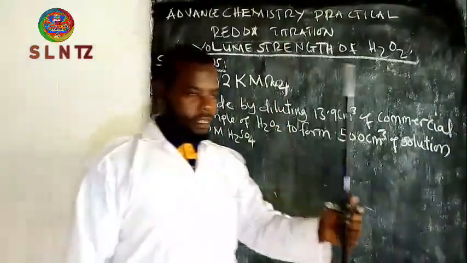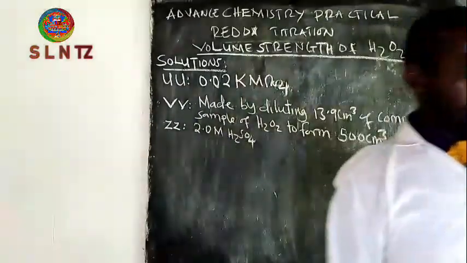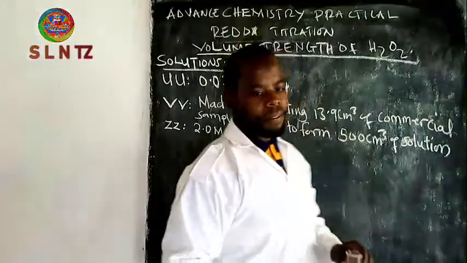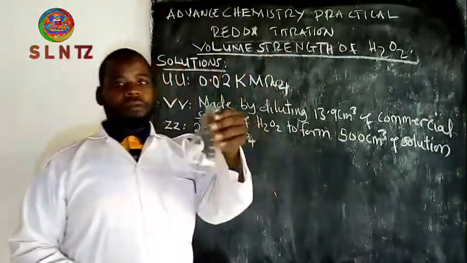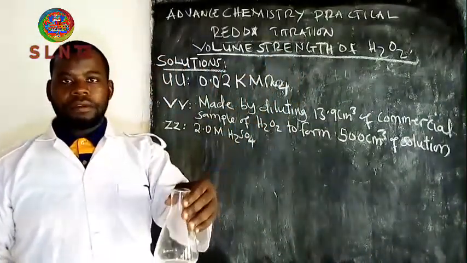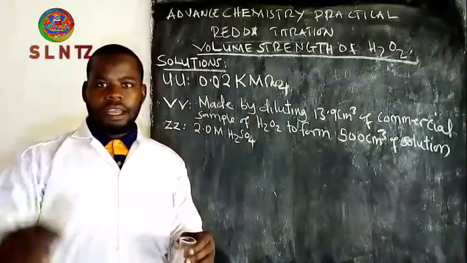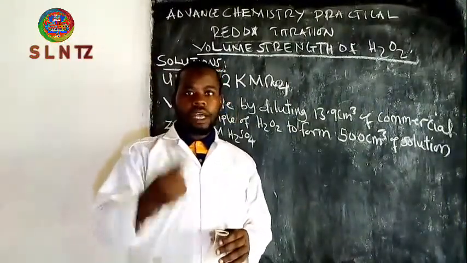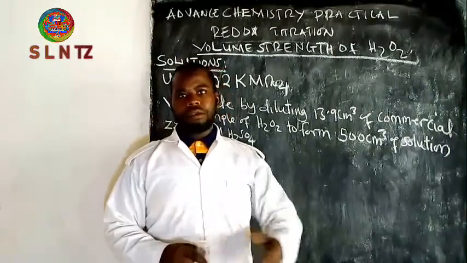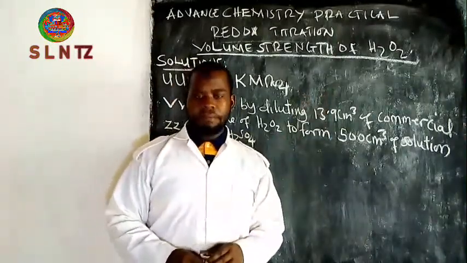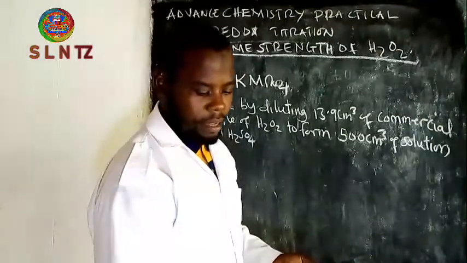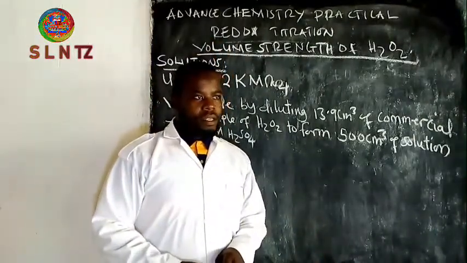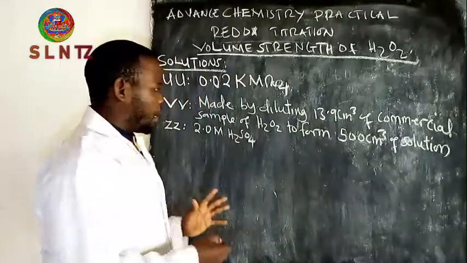And the other reactant, hydrogen peroxide, will be in a conical flask, and we are going to add sulfuric acid in order to provide the acidic medium which will react with the permanganate. So that is our procedure.